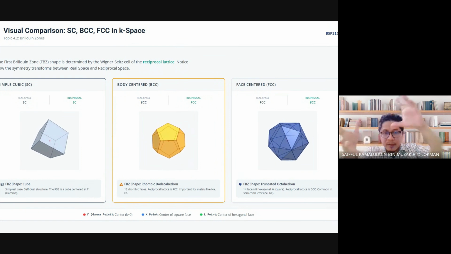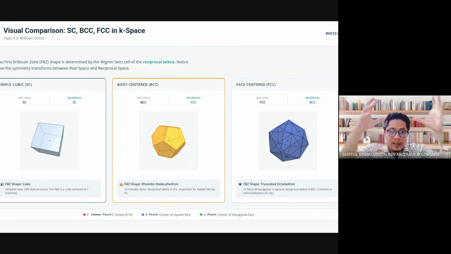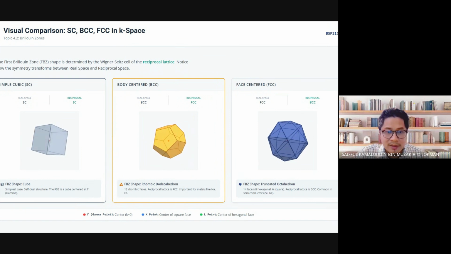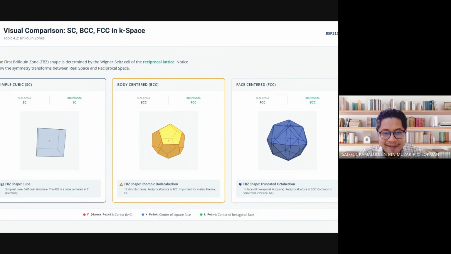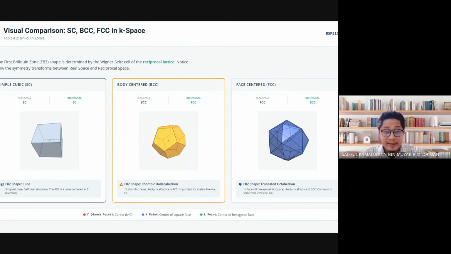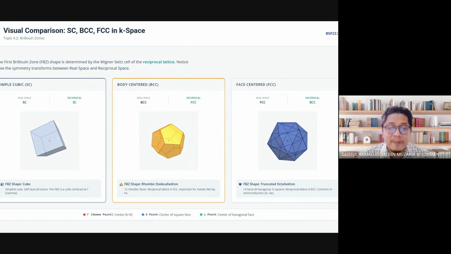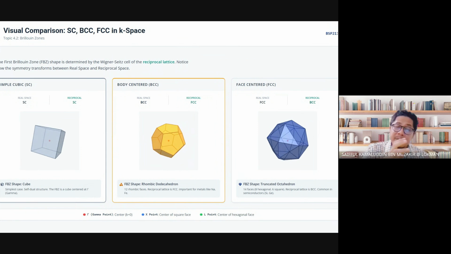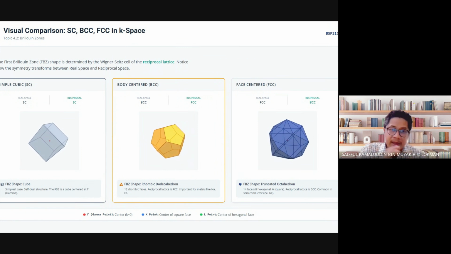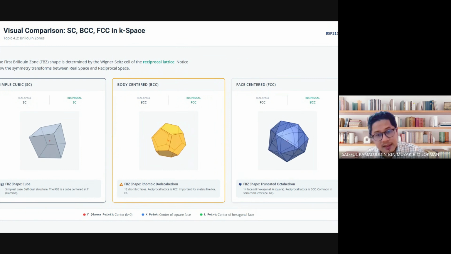We glue them together and it becomes a rhombic dodecahedron. This is the first Brillouin zone shape. Okay, it is in real space BCC. In the reciprocal lattice is FCC.